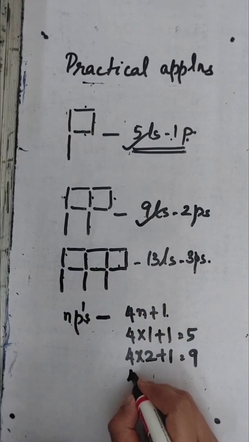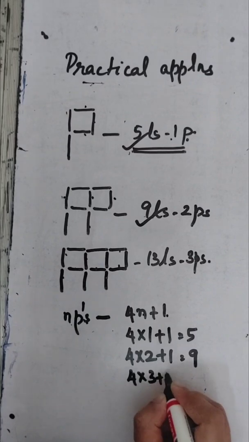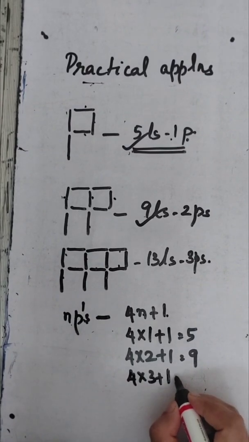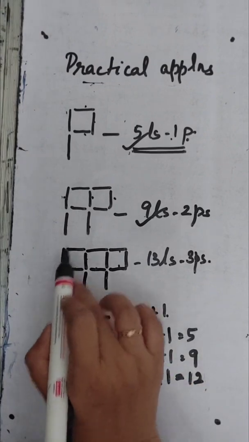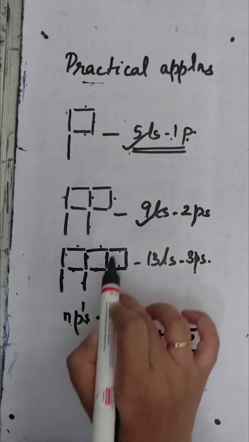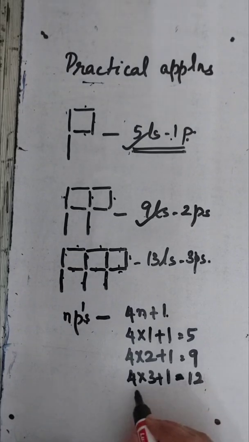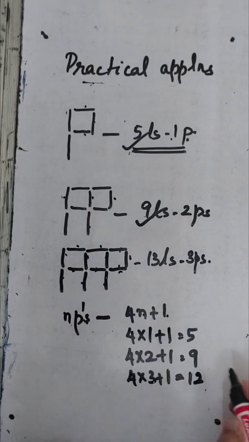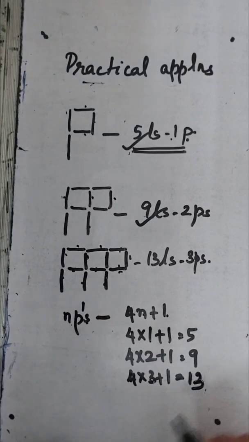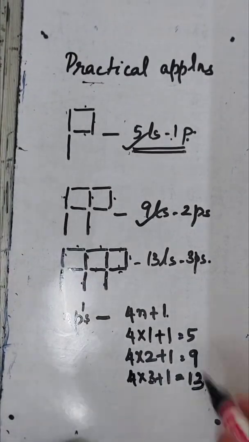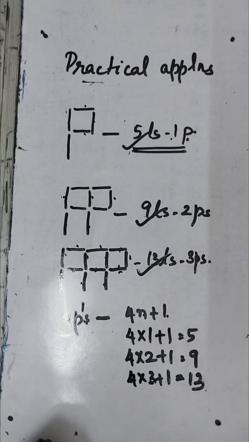How many line segments? 4 into 3 plus 1, that is equal to 12 line segments. 2, 3, 4, 5, 6, 7, 8, 9, 10, 11, 12, 13. Okay, this is 13, right? 4 3 are 12 plus 1. So 13 line segments. Okay, so this is also right.